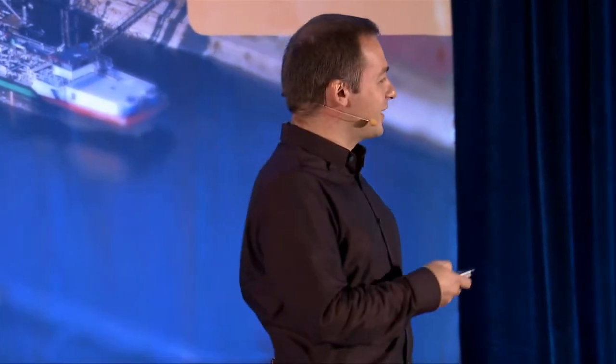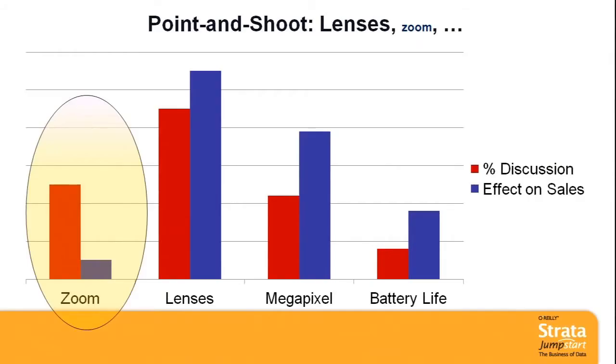So it's an easy discussion point, I guess, because it's something that is easy to measure and people can talk about it. But there are other characteristics that are much more important. For example, battery life tends not to get much attention, but it's actually more important for people that buy a point-and-shoot camera. So this was a good lesson, actually.